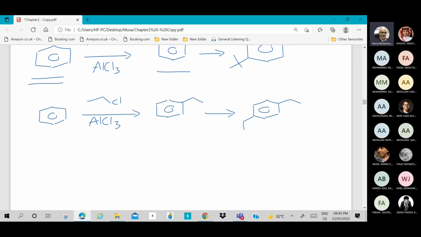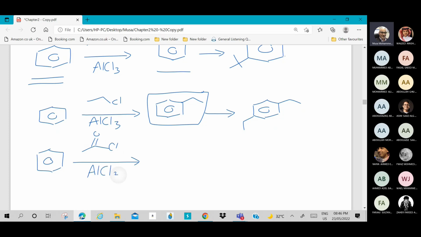So the best way, if you are interested in this product, what do you do? You first take this and you treat it with C double bond O Cl, aluminum chloride, and this will result in formation of C double bond O CH3. Now this one is electron withdrawing group. It will act as a deactivator.